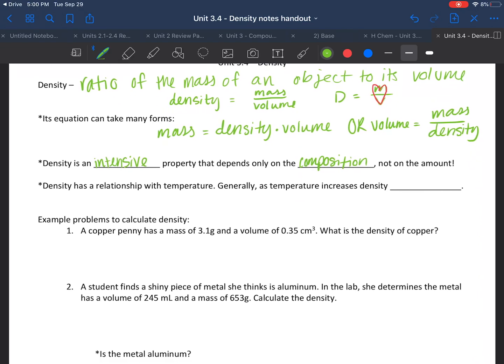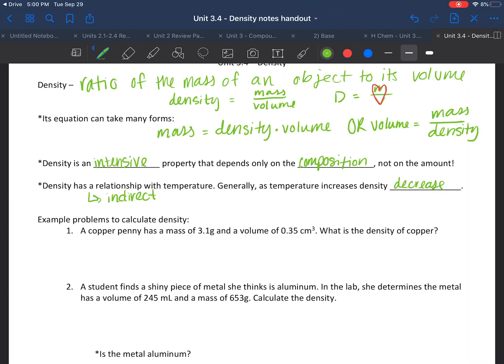The only other thing I want to note about the concept of density itself before we get into some calculation problems is that it does have a relationship with temperature. Typically, as temperature increases, the density of the object is going to decrease. Would this be an indirect or direct relationship? You guys should have said indirect.